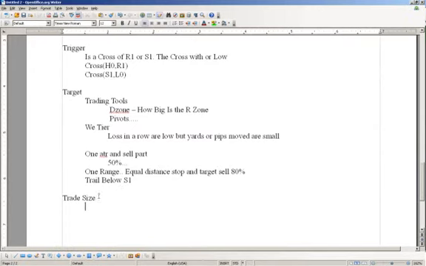All right, so trade size. Our goal is to balance losses in a row versus your risk to how much you make per day.